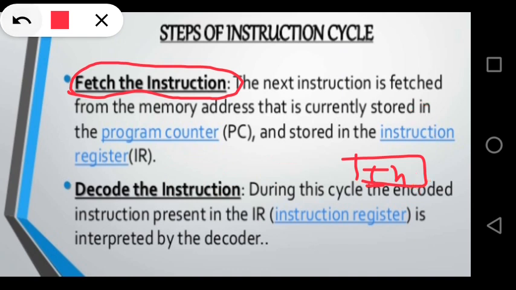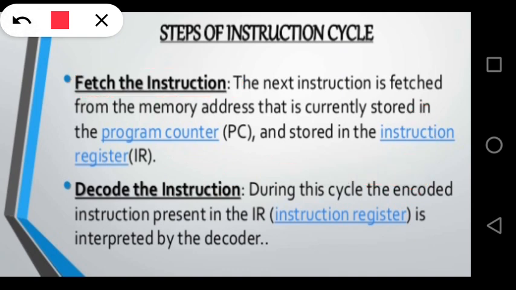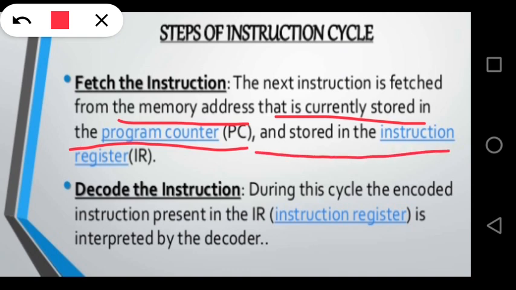This is the first step in the instruction cycle. Fetch the instruction: the next instruction is fetched from the memory address that is currently stored in the program counter, and that instruction is stored in IR.